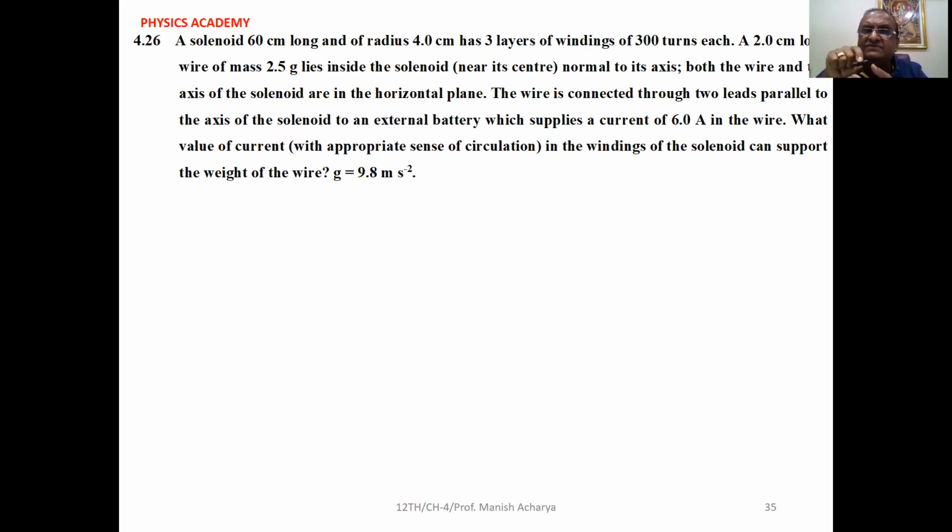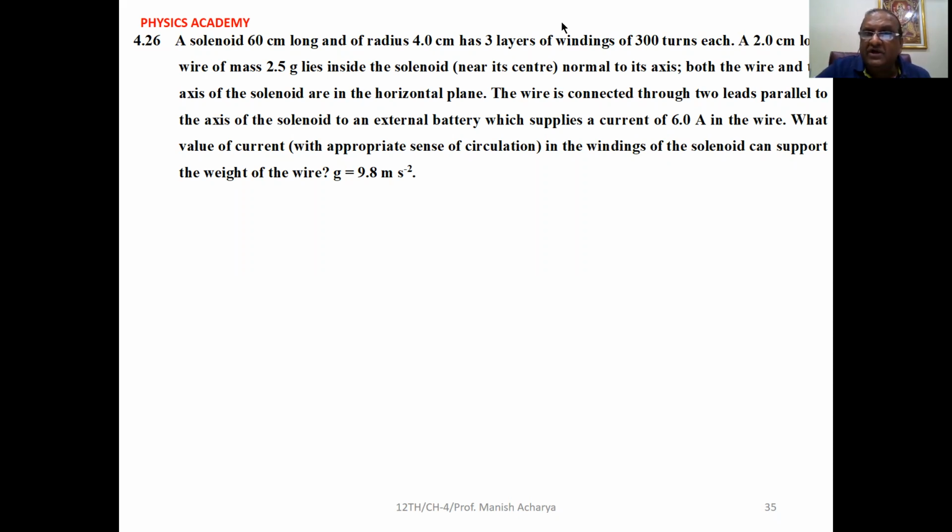Now, if this particular force is exactly equal to mg, then the wire will be balanced, or we can say it will remain suspended inside the solenoid. Now, for that, how much current should be passed through the solenoid, that is asked here.